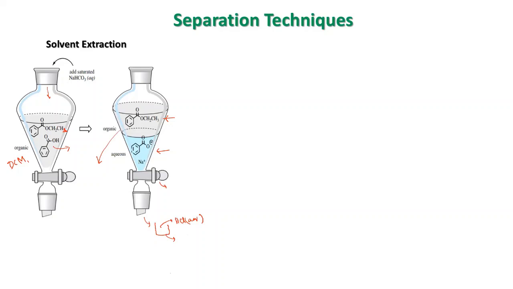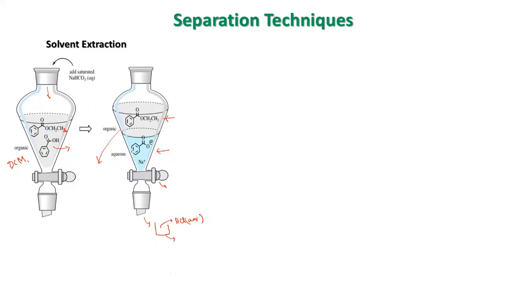Say suppose I want to separate 4-methoxy ethyl benzoate and ethyl benzoate itself. If you have a mixture of these two, this solvent extraction technique will not help you to separate them, because their behavior is almost similar.